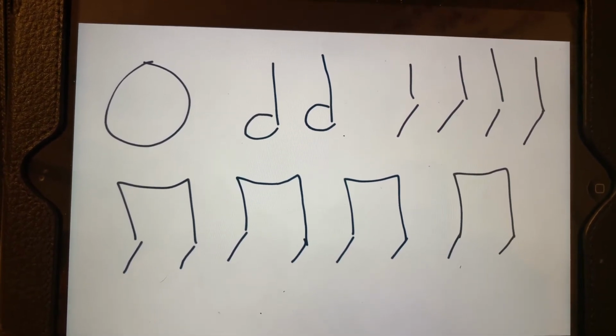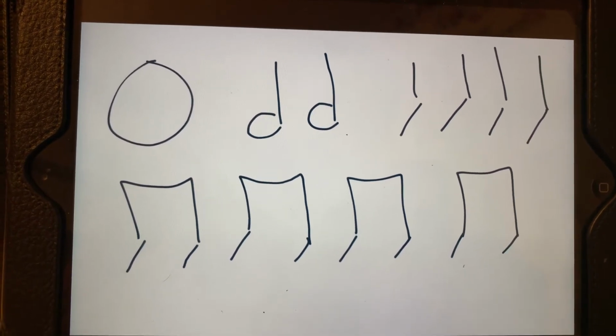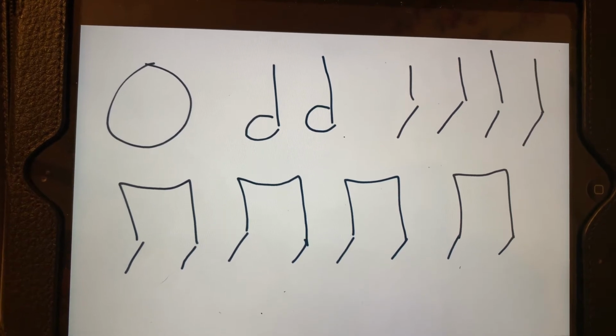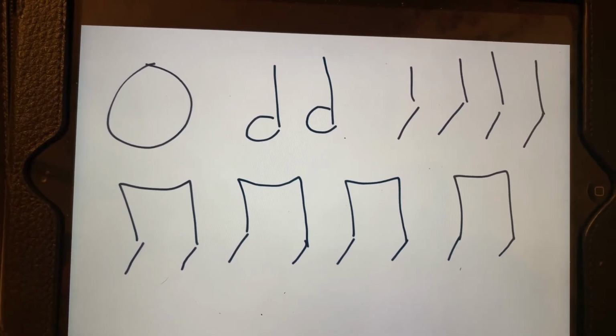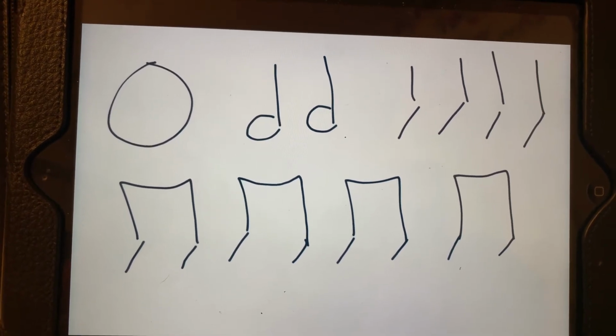Alright, so that's what we just did earlier. So if I clap the rhythm, it would go moo, ba, ba, oink, oink, oink, oink, gobble, gobble, gobble, gobble.